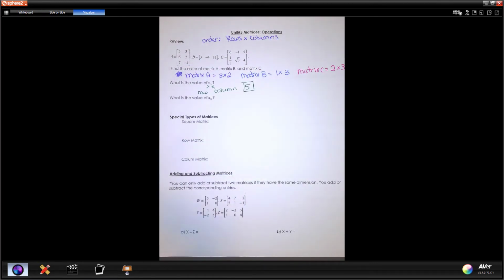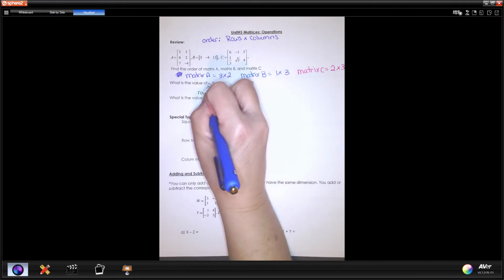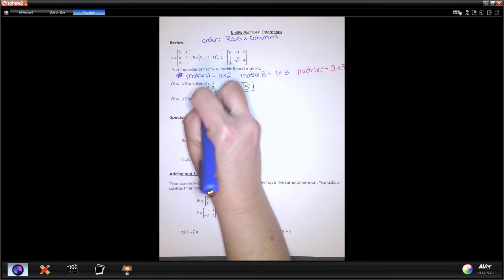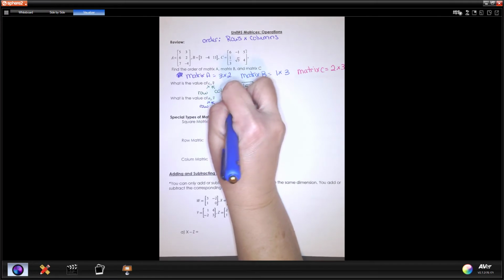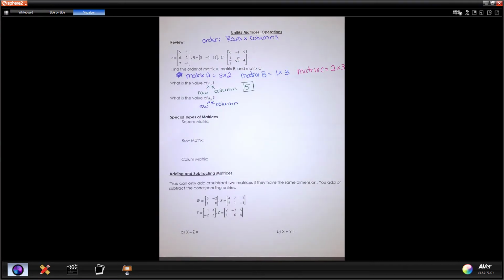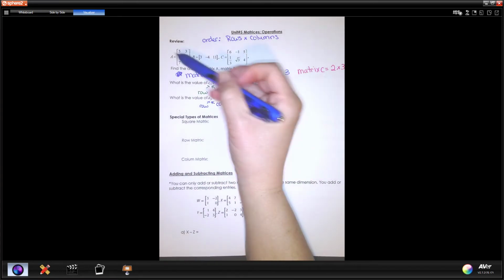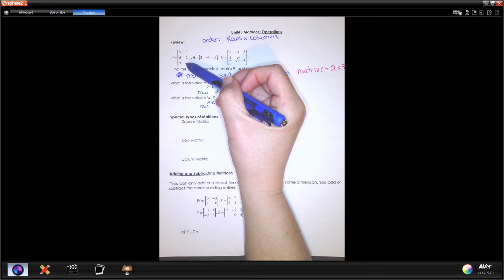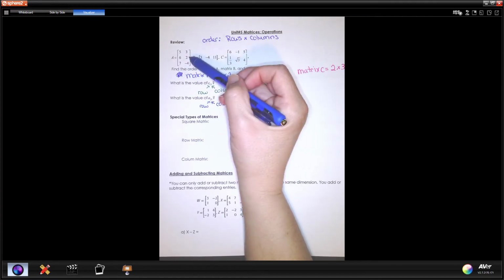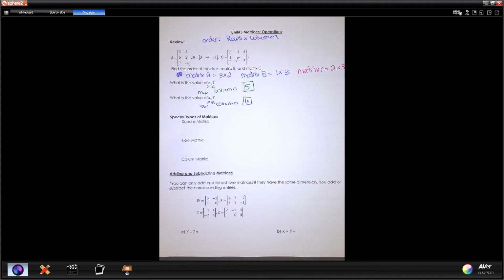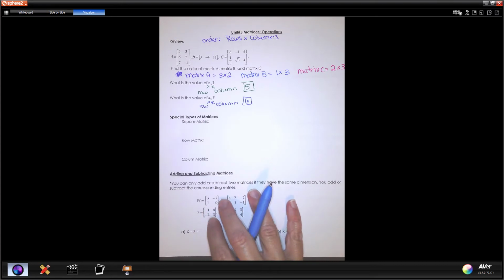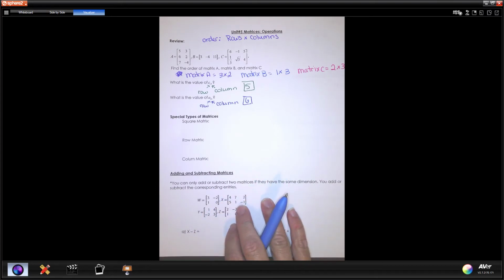What if we wanted to look at A sub 21? That is saying row 2, column 1. So A sub 21, row 2, column 1 has a value of 6. So that is a quick review of what we had done prior to spring break.